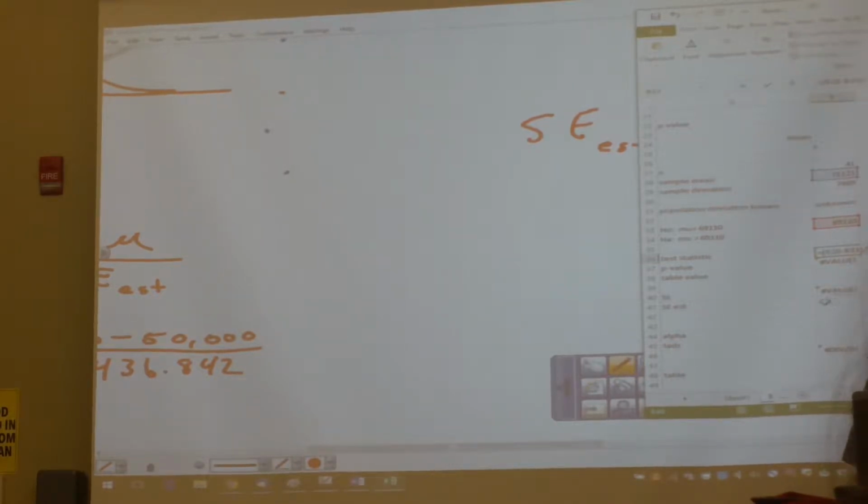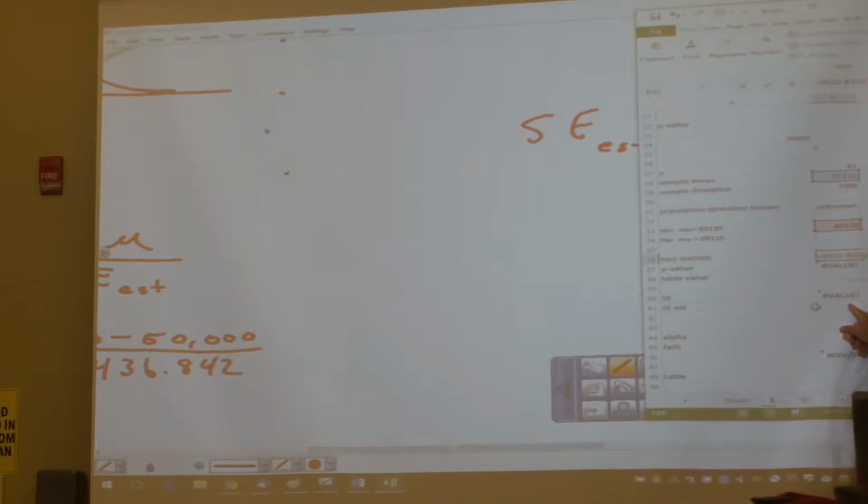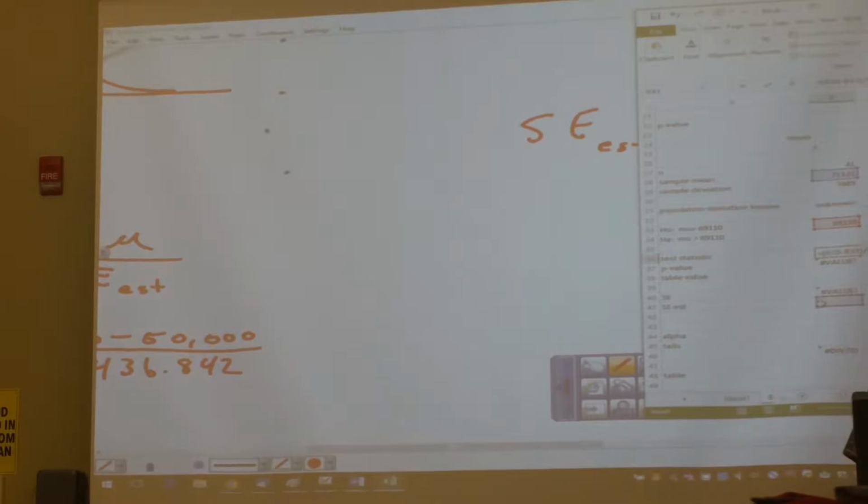I don't have my standard error estimate, so I'm going to have to calculate that. How do I calculate it? The sample standard deviation divided by the square root of n.